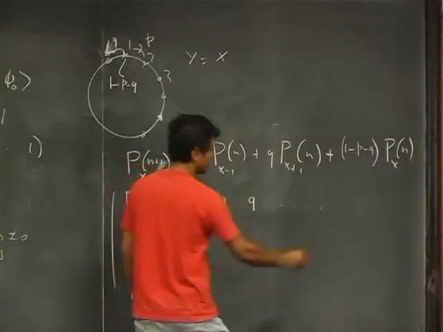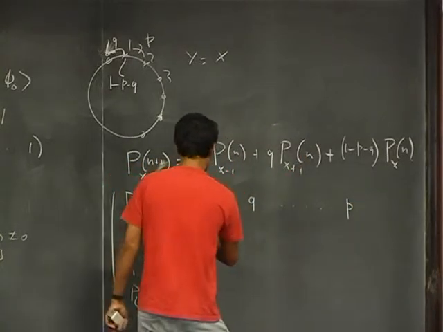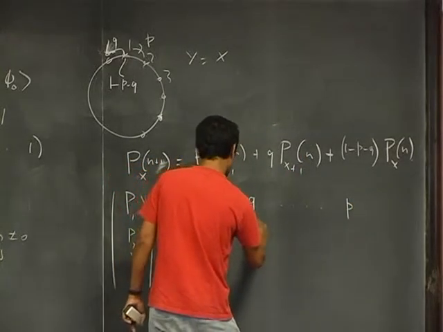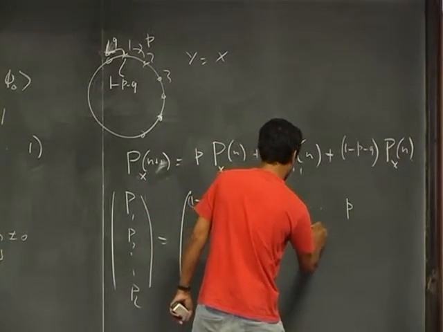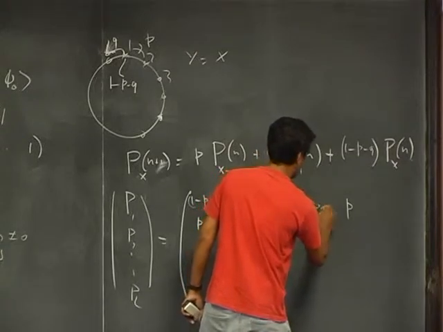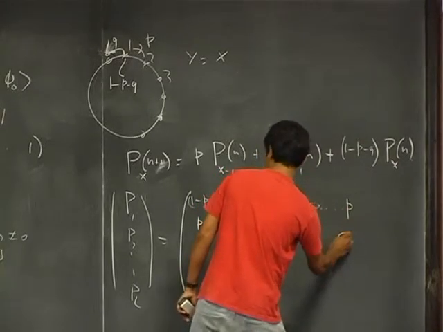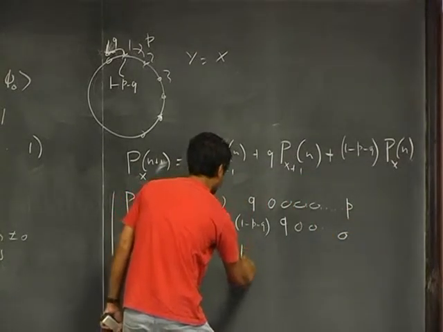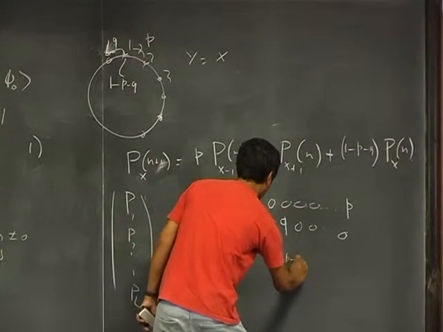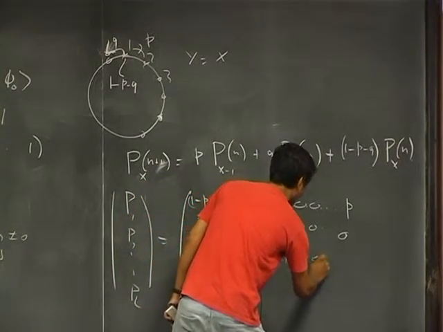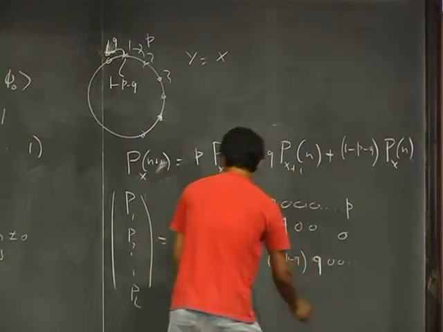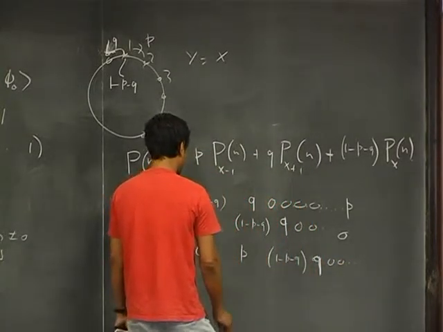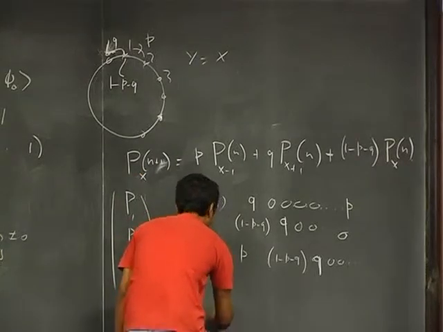And if it's a ring, the last element is p. Then you have P1 minus p minus q, and so on till the last element, which is q.